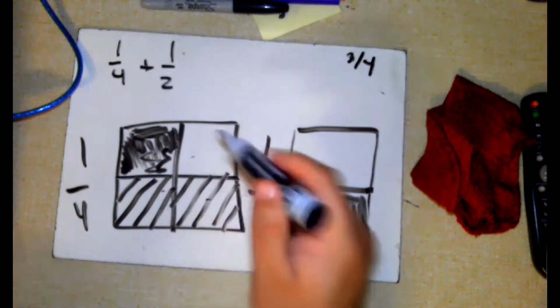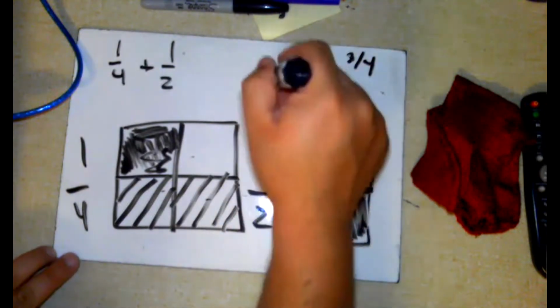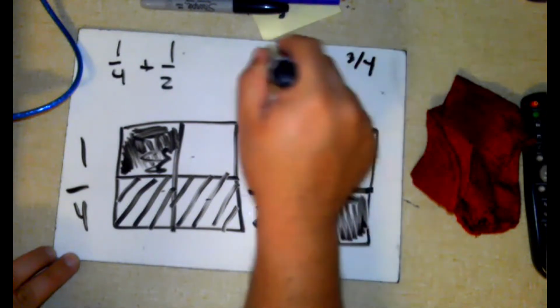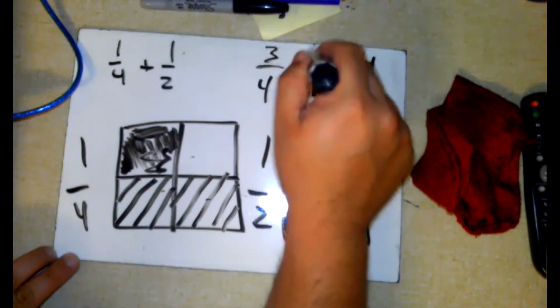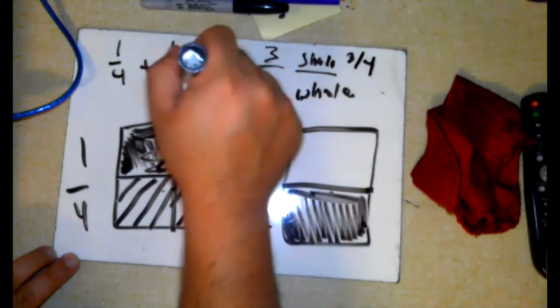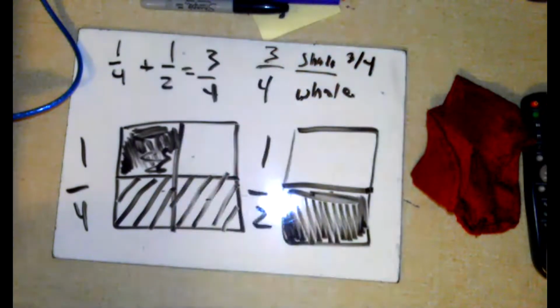But how many are shaded? 3. So we got 4 whole, 3 shaded. So there you go. So do we have 3/4 in our answers? Yep.